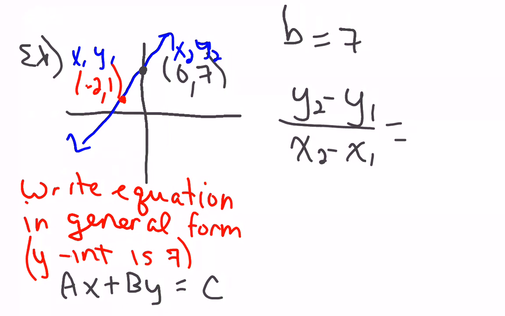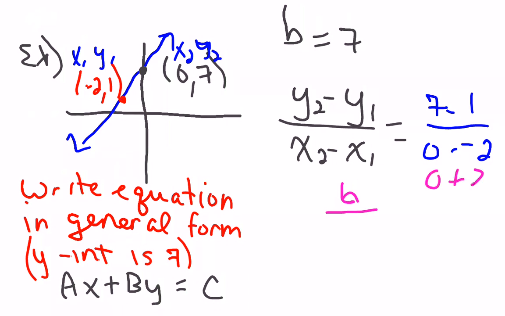All right, so y2 is 7 minus y1, which is 1, and our x2 is 0 minus our x1, which is negative 2. Again, watch very carefully with your signs. 7 minus 1 is 6, and 0 minus a negative 2 becomes 0 plus 2, which is 2. 6 divided by 2 is 3, so we know m is 3.